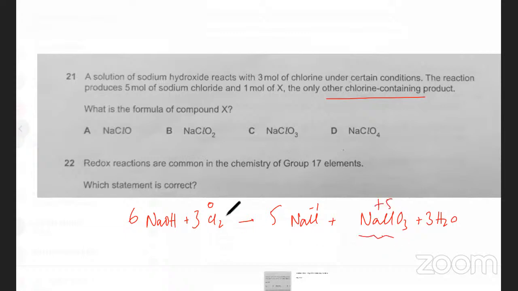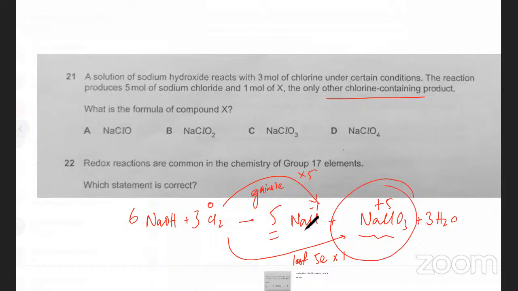Cl is 0, it goes to -1, that means it gains 1 electron. Cl is 0, it goes to +5, that means it lost 5 electrons. So to balance out the gained and lost electrons, this should be multiplied by 5, this should be multiplied by 1. So you should have 5 NaCl and 1 NaClO3. The question stated that you had 5 NaCl, and you'll only get that if you have NaClO3. Is that clear?